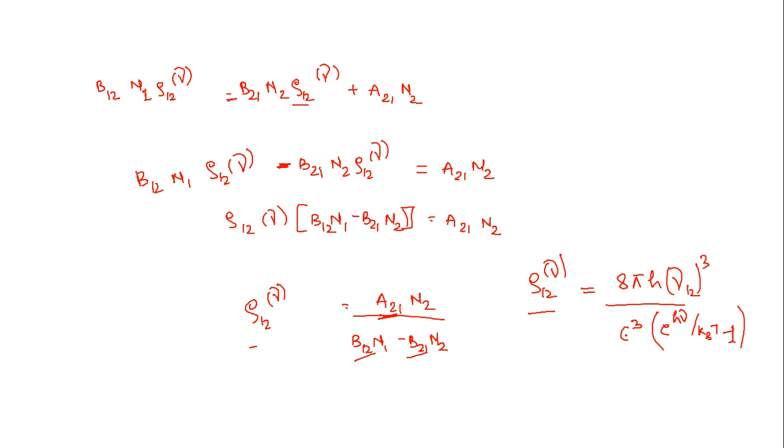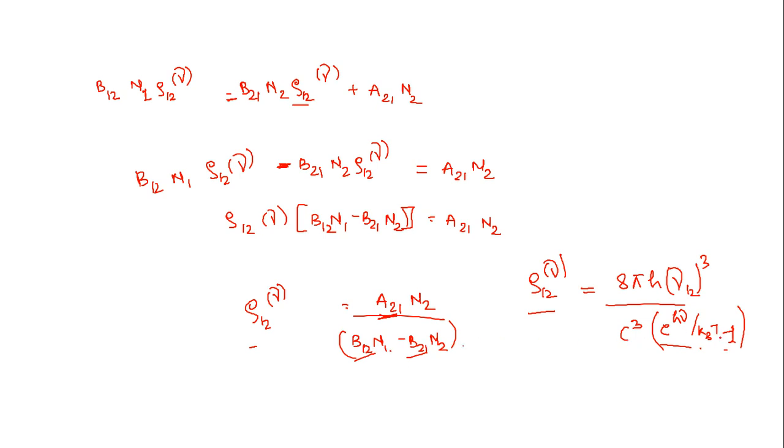First of all, let me bring this up, so then only we'll be able to compare. And the second thing is e to the power h nu by kBT minus 1. Now this thing what we have got is B12 N1 and B21 N2.